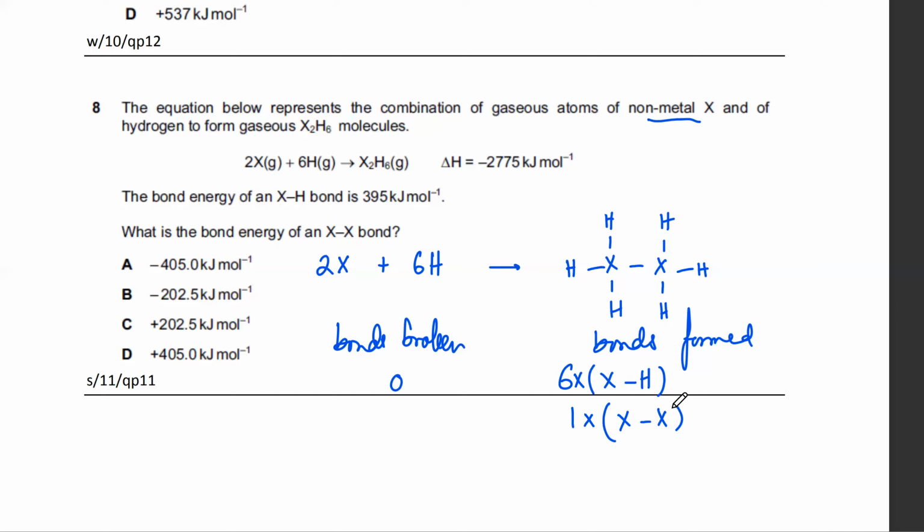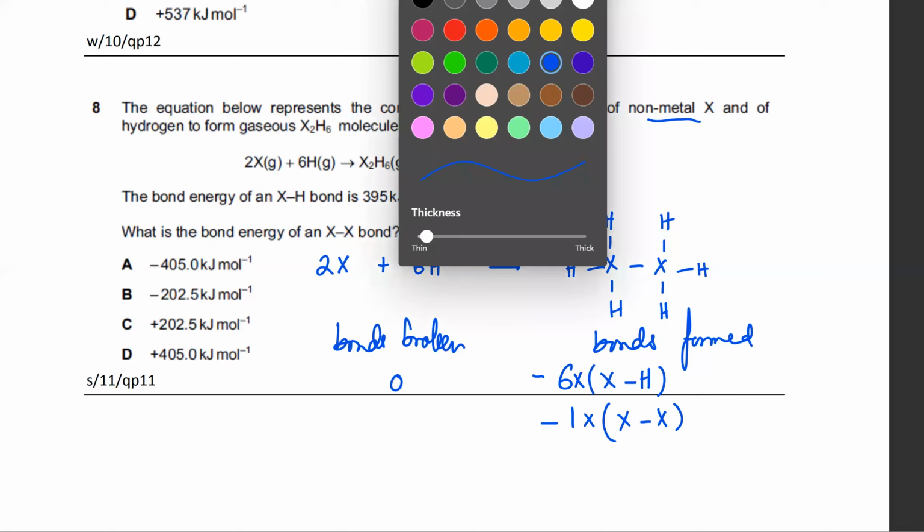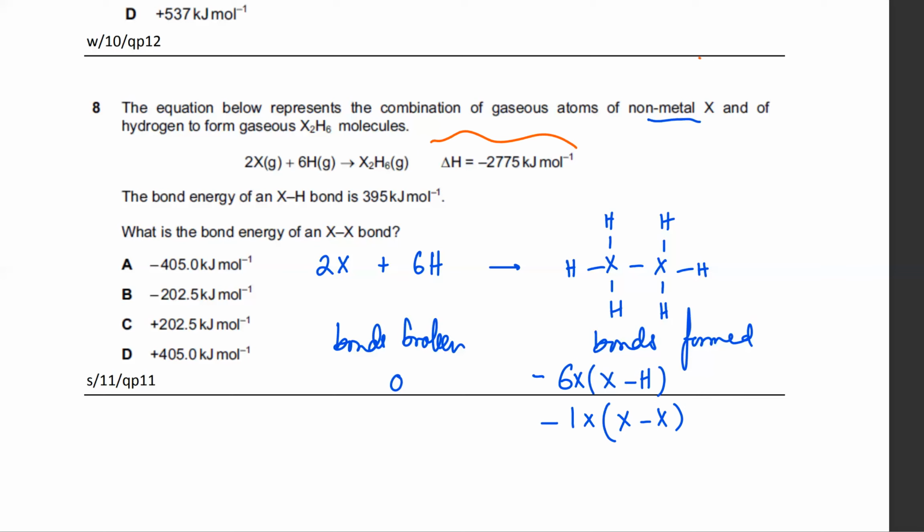And the overall enthalpy change, these values are going to be negative. They'll be exothermic. So the overall enthalpy change is already given to you. They've told us the overall enthalpy change. So it's minus 2775 is equal to bonds broken, that's 0, minus the bonds formed. So the XH bond energy is given. So it's minus 6 times 395.